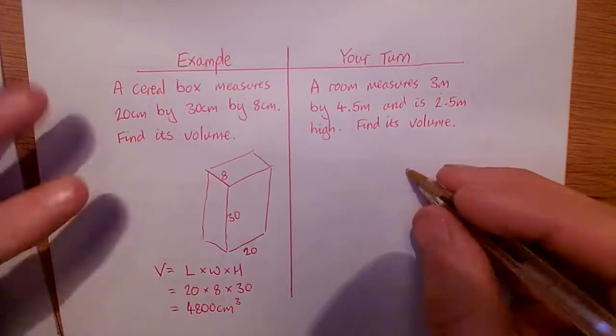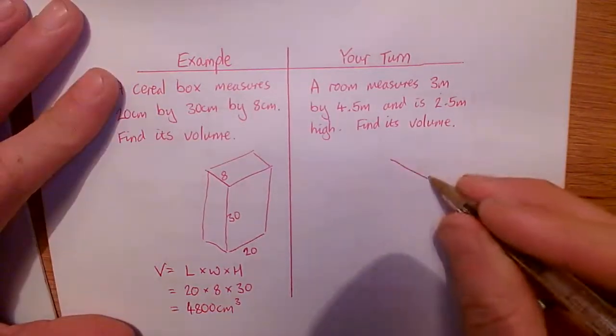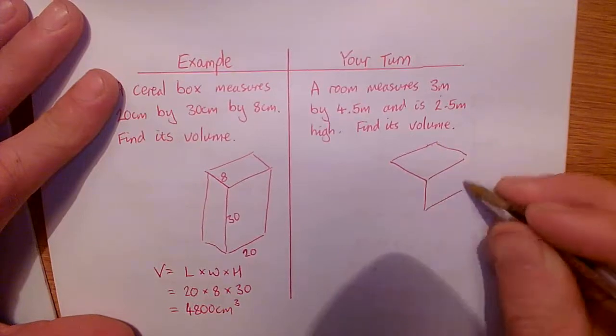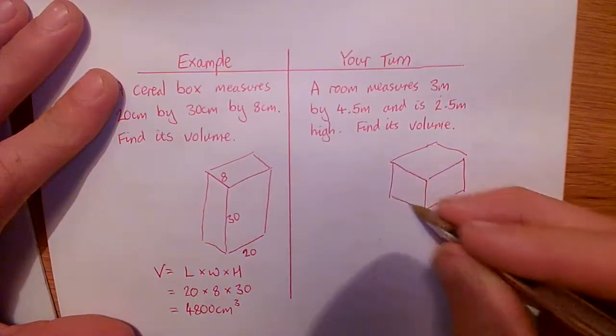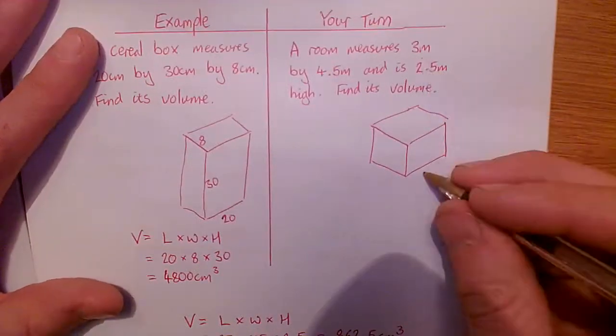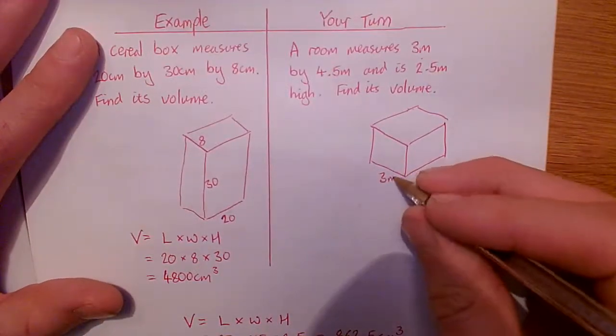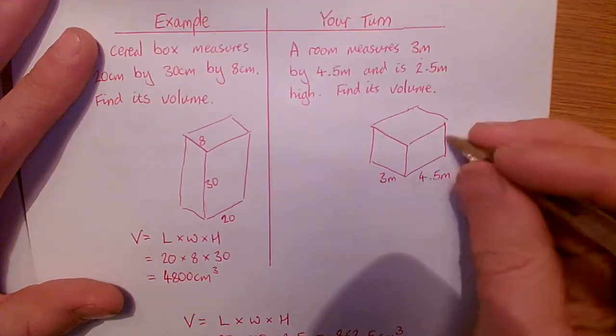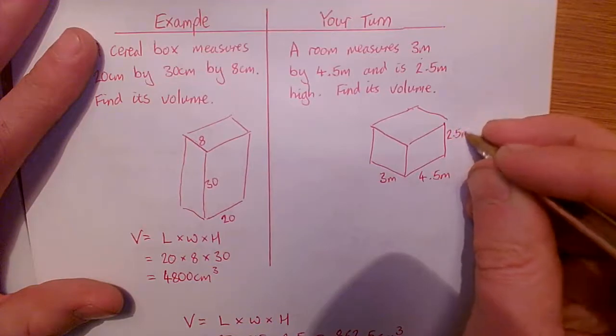Great, so hopefully you've had a go at that. Again, don't panic if your sketch isn't amazing. Just have a quick go at sketching it. It doesn't need to be perfect, just something that we can write some measurements onto. So the floor is 3 meters by 4.5 meters, and we're told the room is 2.5 meters tall.